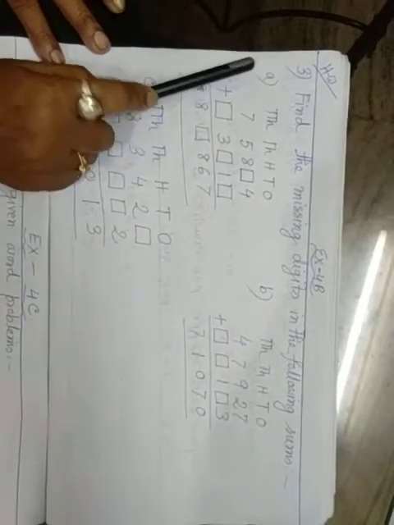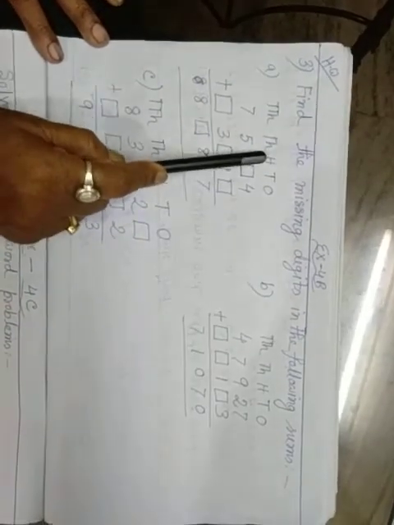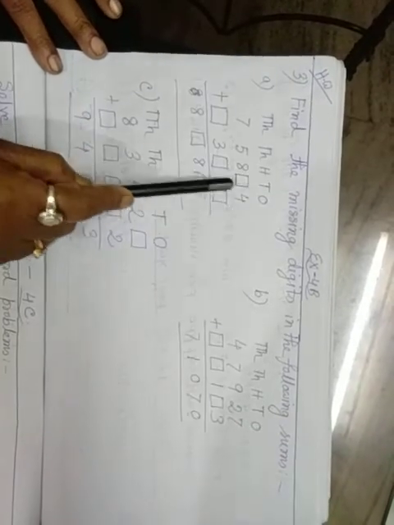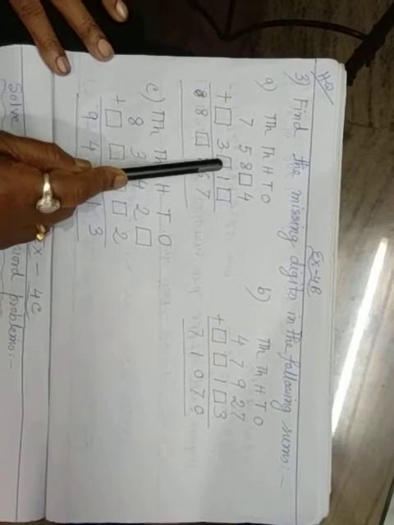Find the missing digits in the following sums. A. 7 5 8 blank 4 blank 3 blank 1 blank, that is 8 blank 8 6 7.